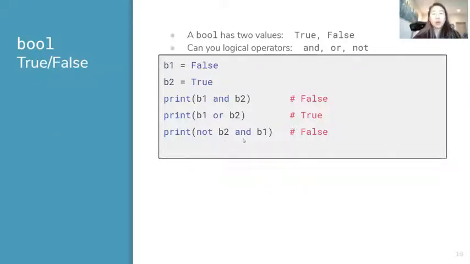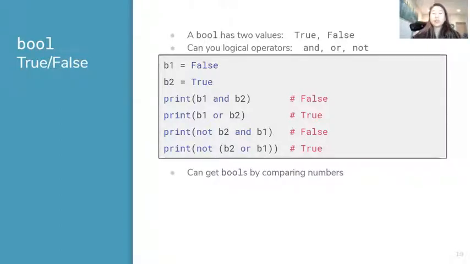So not b2 will be the opposite of b2, which is true, so it'll be false. So false and false is false. And then the combination of these is true.